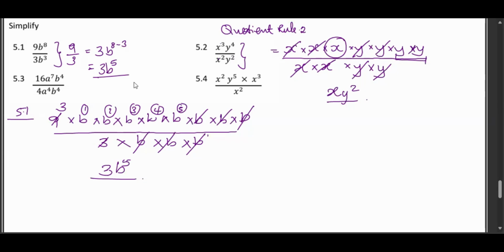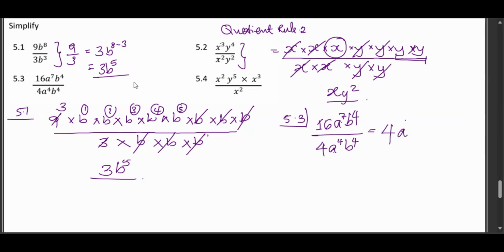We look at 5.3. Question number 5.3. Expansion will work, but because it makes the number too big, it's fine. In your head, you should know what you're doing. So we have 16a^7b^4 divided by 4a^4b^4. Now 16 divided by 4, we have 4. The a down, the a up has a bigger number.